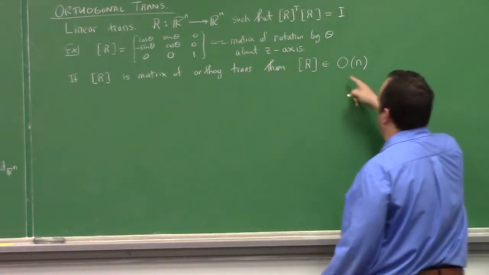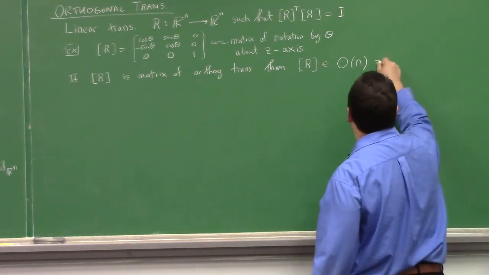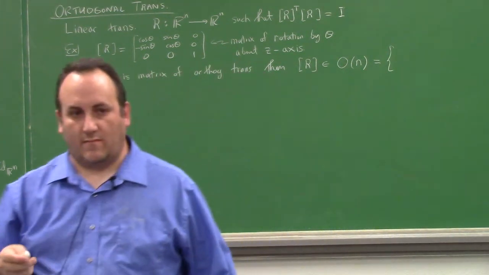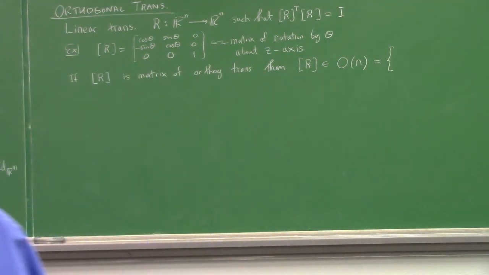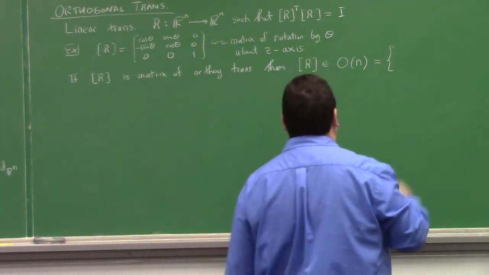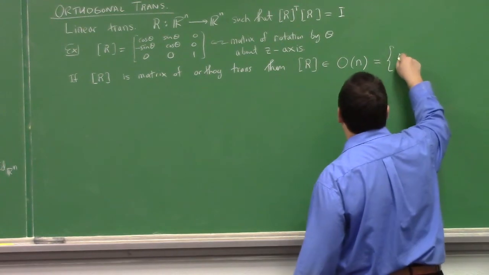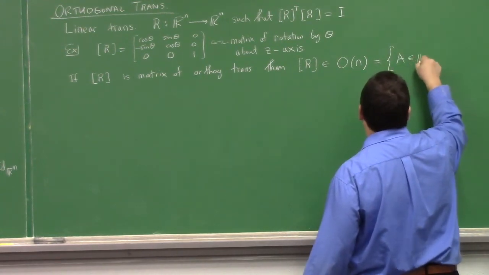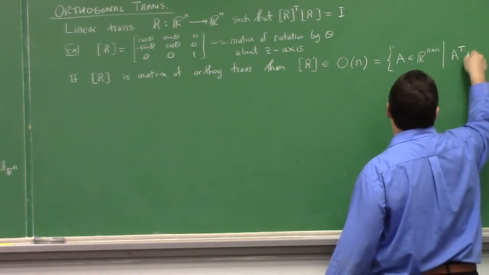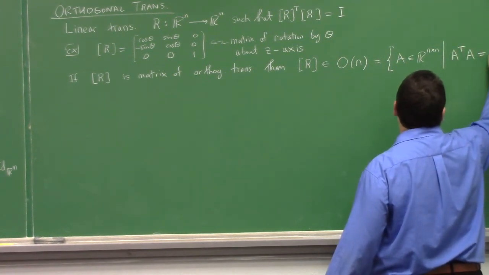This is the set of orthogonal matrices. You already got me? Okay. So O(n) would be, I'll use A instead of R, I'm tired of writing R. A, an n by n real matrix, such that A transpose A equals the identity matrix.